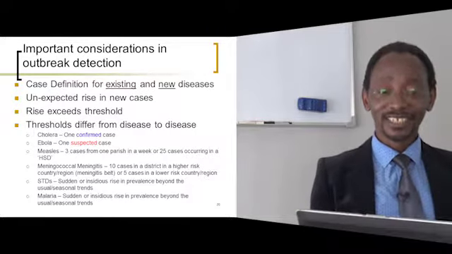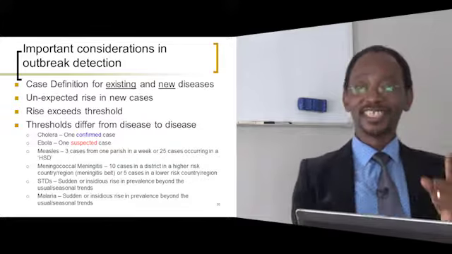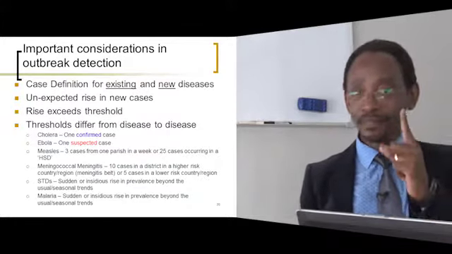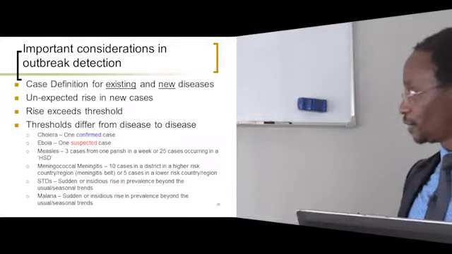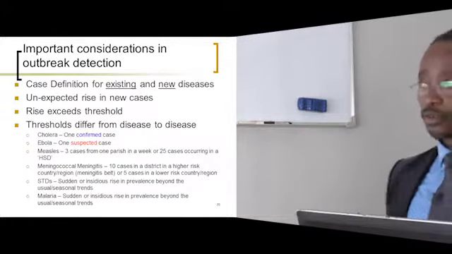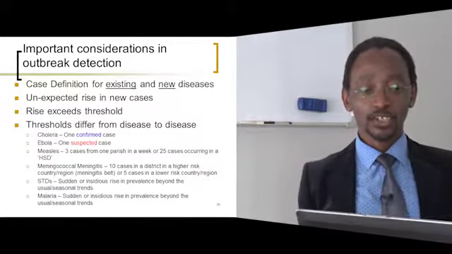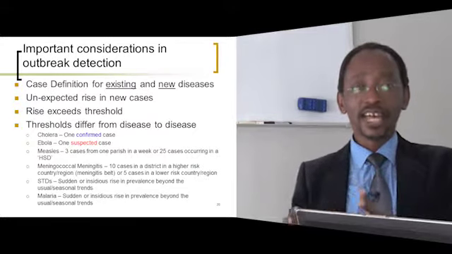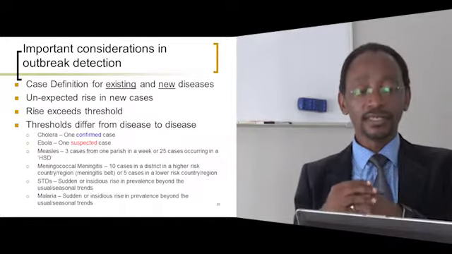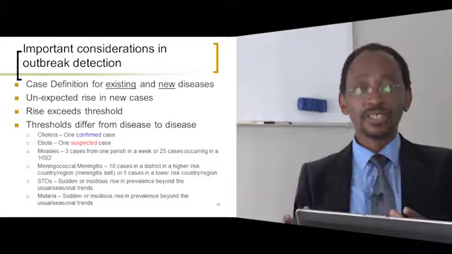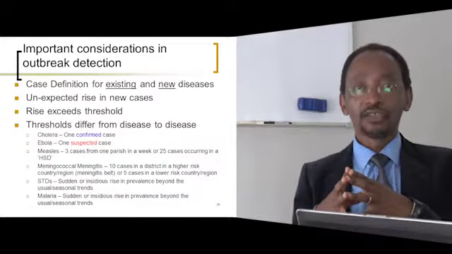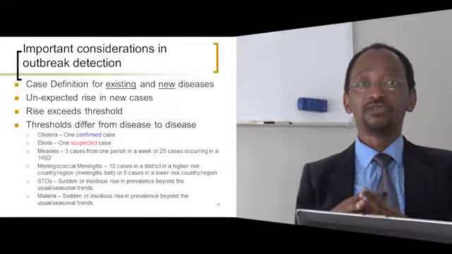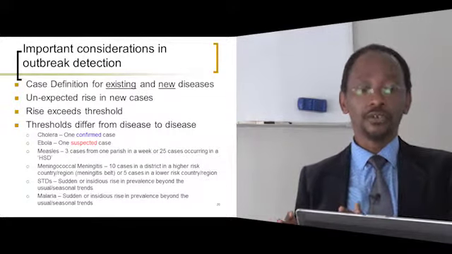They differ. Now, for cholera, for you to say there's an outbreak of cholera, you need one confirmed case. Focus on the word in blue: it has to be confirmed. You have the case definition for cholera: profuse watery diarrhea, a person coming with a lot of profuse watery diarrhea, extreme weakness, sometimes with vomiting, and they get rapidly dehydrated in a short period of time.